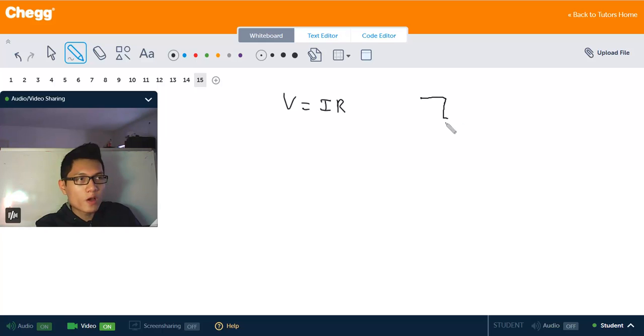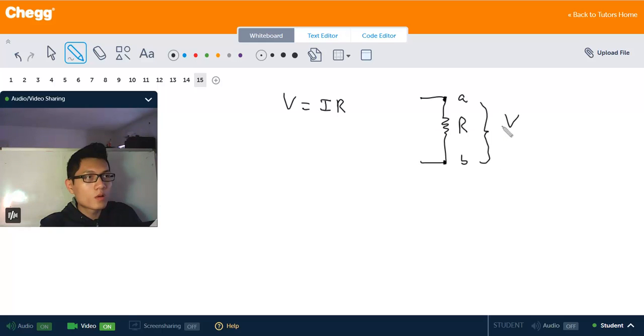For example, we have the difference between two points A and B, and the difference in the charge between A and B is a voltage, so we have V. Then we want to calculate the current running through the resistor here.